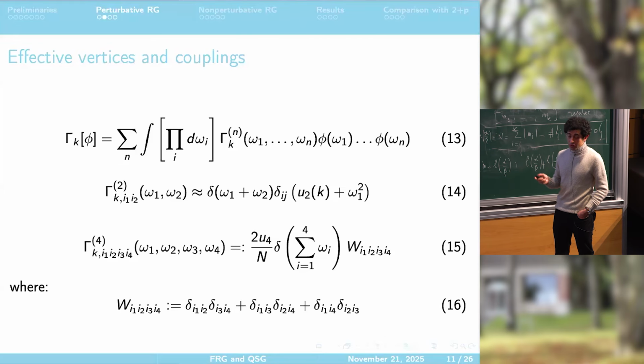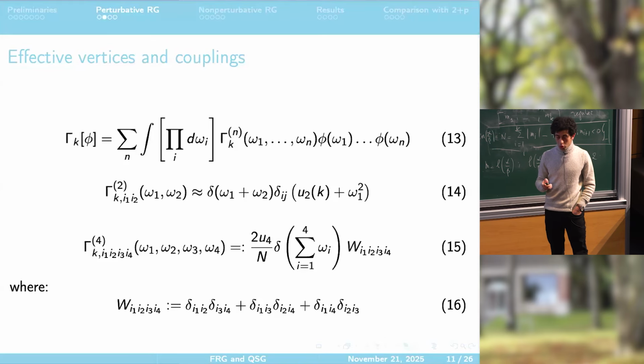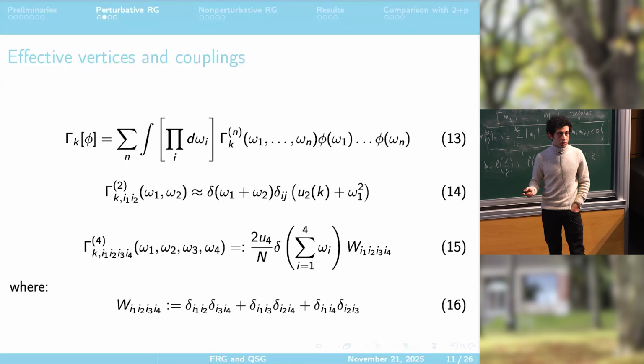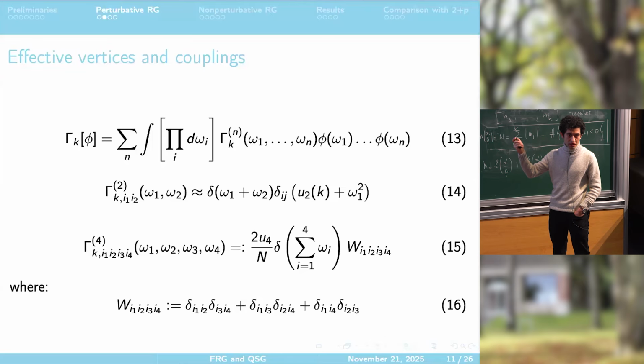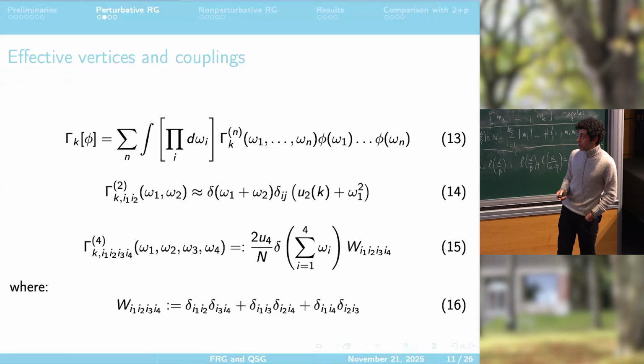And the same goes for the 4-point interaction. So we omit the 3-point interaction because we assume that we have this O(N) symmetry that we had in our microscopic action.